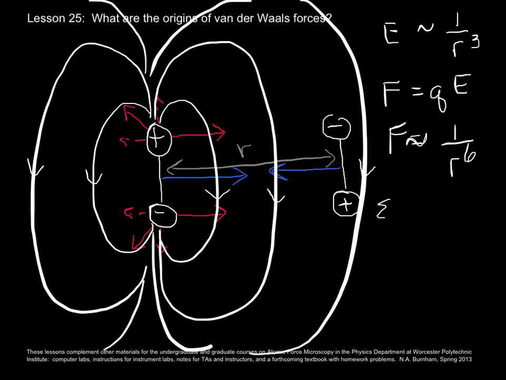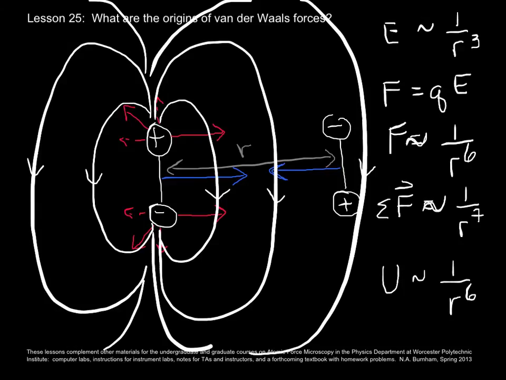And when you sum forces, for example the 4 red vectors there, it turns out that that is proportional to 1 over r to the 7th. And from that, you can get the attractive potential between two dipoles, which is proportional to the separation to the minus sixth power.